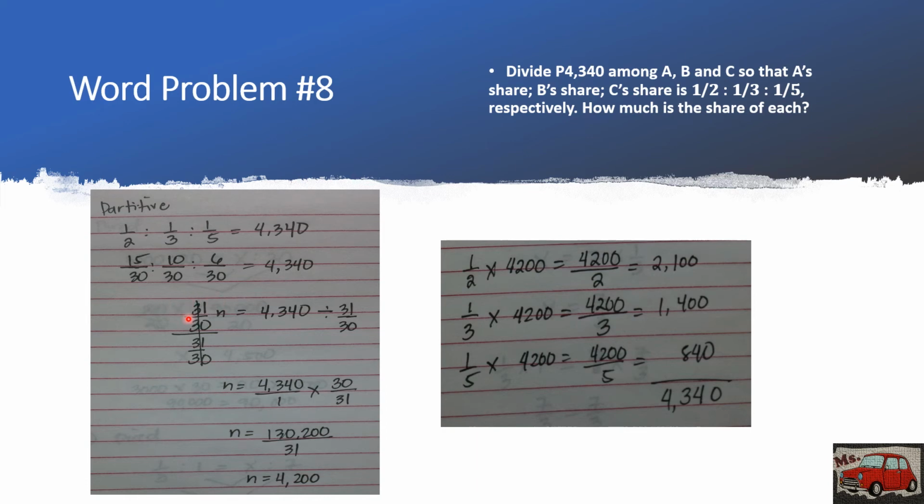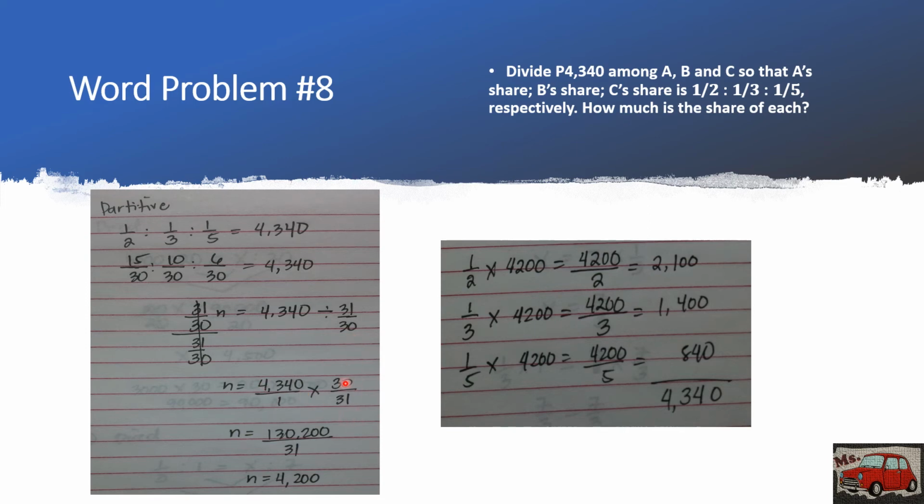So, the 31 over 30, we need to cancel that by dividing by itself, which is 31 over 30. Okay? So, when you cancel that, only n is left. Since we divided here by 31 over 30, we must also divide by 31 over 30 on this side. Dividing fractions becomes multiplication. The whole number has a denominator of 1, and then one term becomes the opposite, so 31 over 30 becomes 30 over 31.